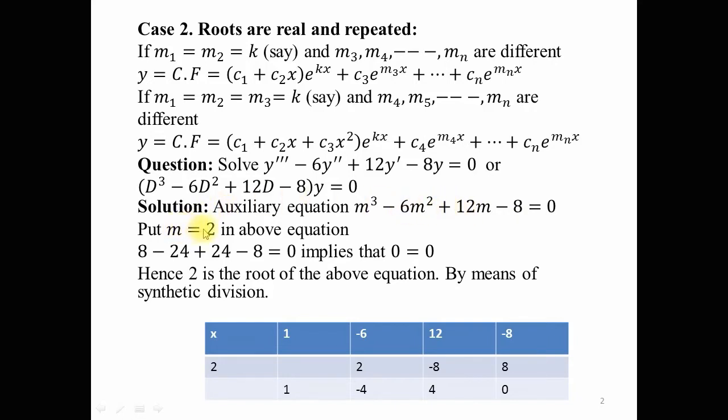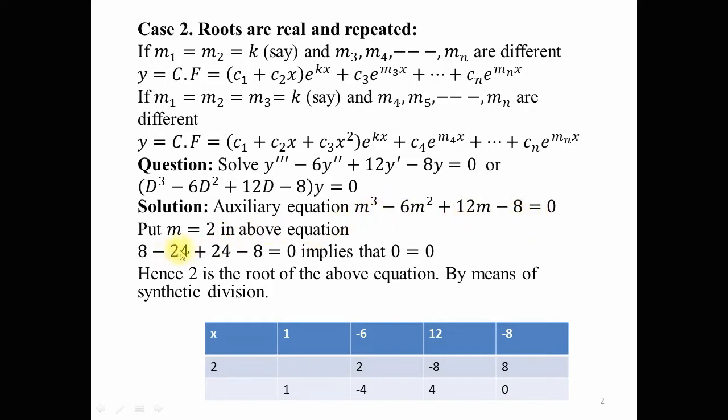By factor theorem, suppose we want to consider m is equal to 2. If we put m is equal to 2 in this auxiliary equation, we obtain 2 power 3 minus 6 into 2 power 2 plus 12 into 2 minus 8 is equal to 0.